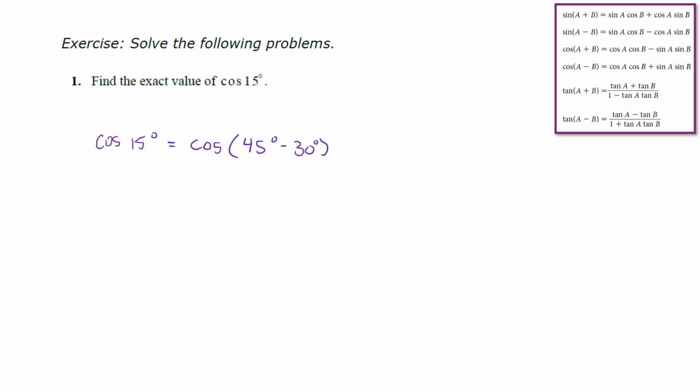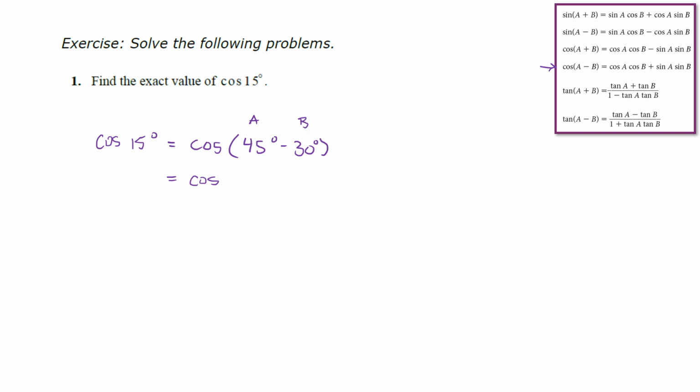So I can use the cosine formula where I am subtracting two angle measurements in order to find the exact value of cosine 15 degrees. So I'm going to take cosine, plugging this in. 45 will be my A, 30 will be my B angle.